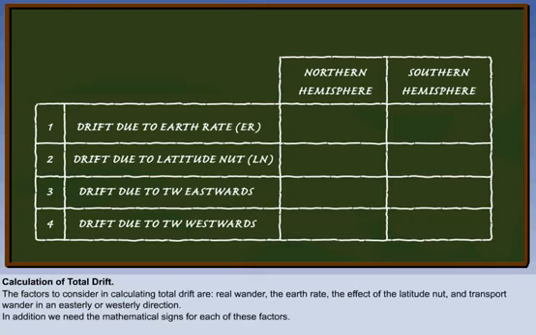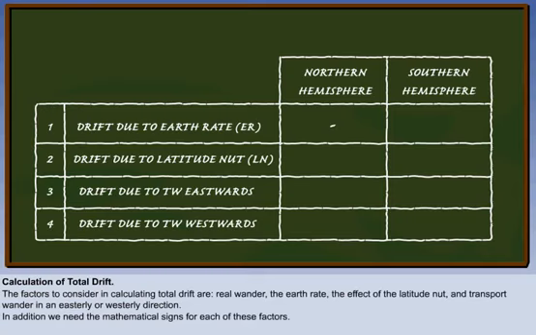To help establish the mathematical signs, we will start by creating a simple table, and we will see from the table how straightforward it is to work out appropriate mathematical signs. So let's put a negative or minus sign for earth rate in the northern hemisphere. We know from the lesson on the principle of operation and errors of the DGI that this will be the case.